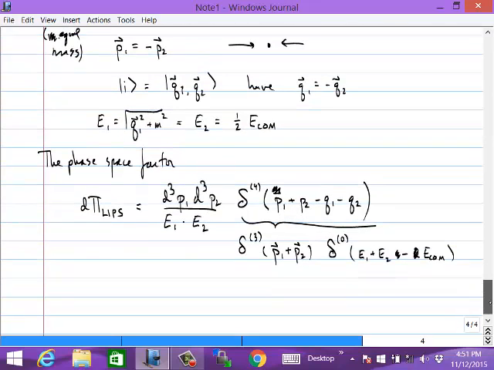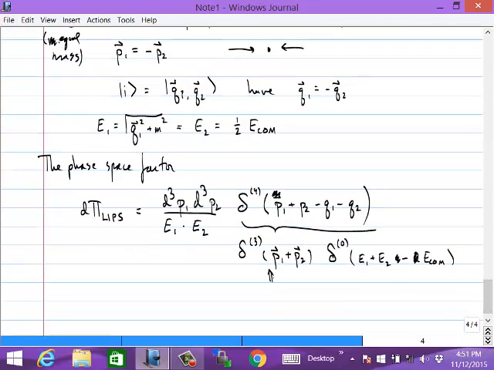So we can then use this momentum conserving delta function to do one of those momentum integrals. Really, this phase space variable is going to be integrated. Eventually, if you want to compute the total amount of scattering into some finite region in momentum space, some finite solid angle, you'll have to integrate this. And so you can do the P2 integral just using that momentum conserving delta function. And what will you get?